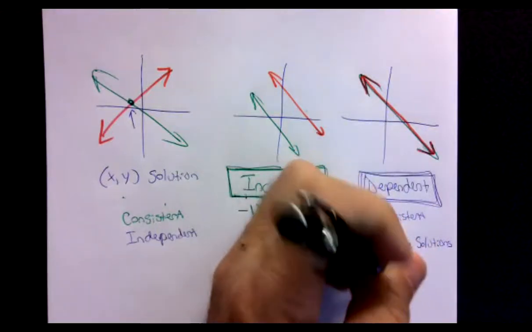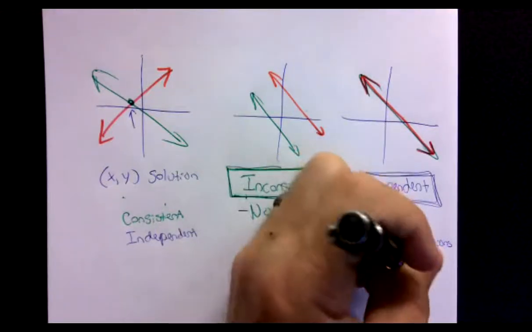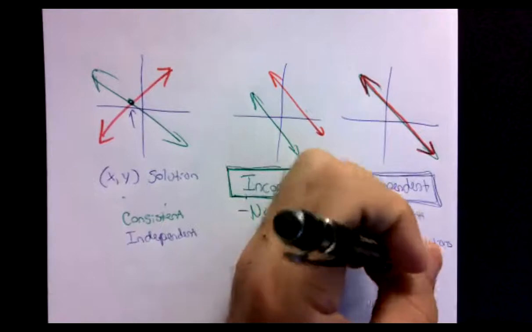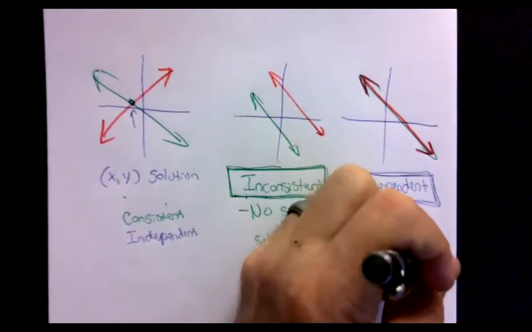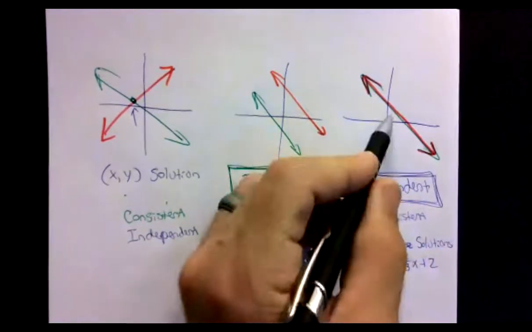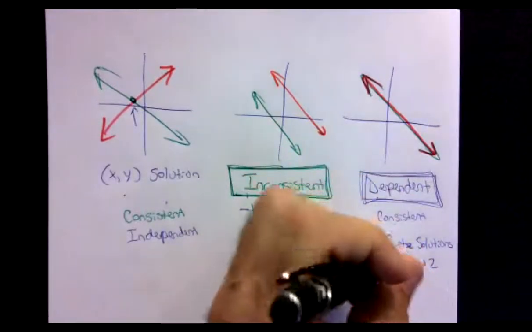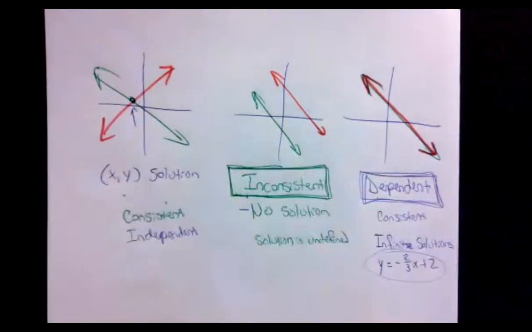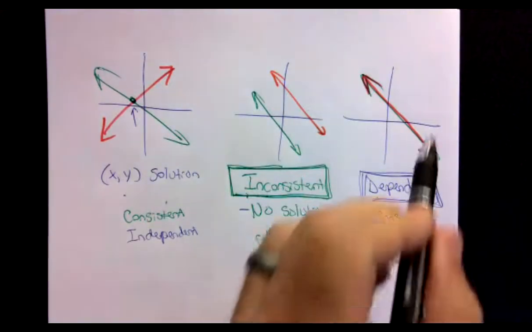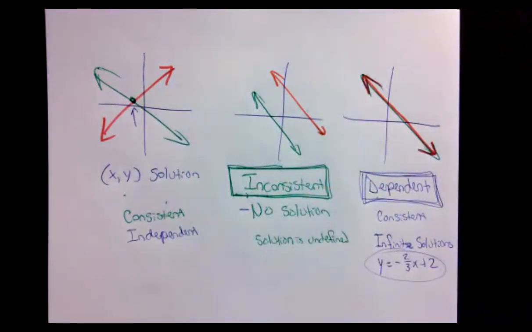So if we said this is the line y equals negative 2/3 x plus 2, it's kind of what this looks like. Looks like we've got a y-intercept of about 2, slope of negative 2/3. Anyway, so your solution would be the equation for the lines. Any point that works for this equation is a point that's going to work for the system.